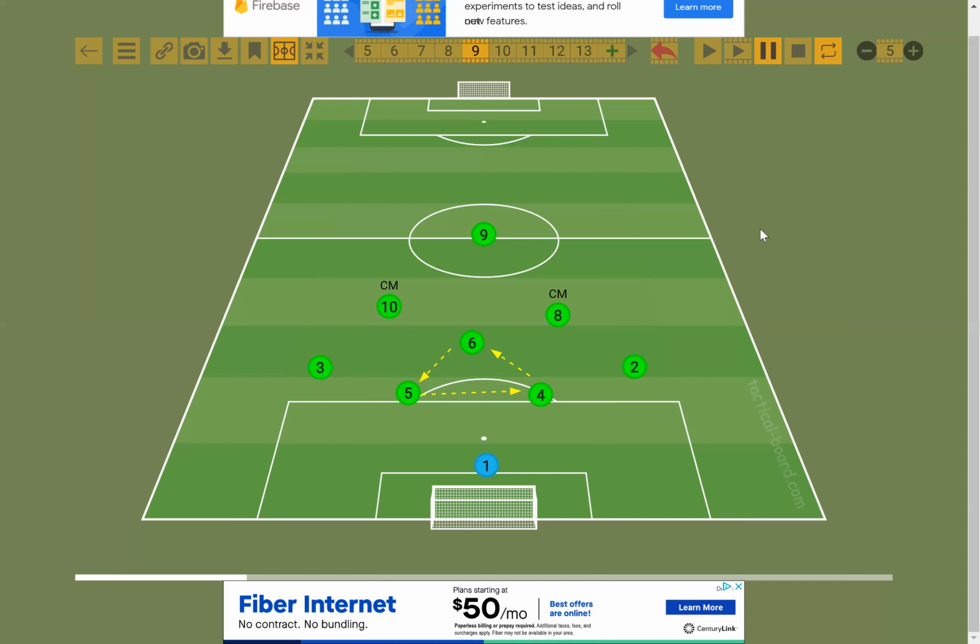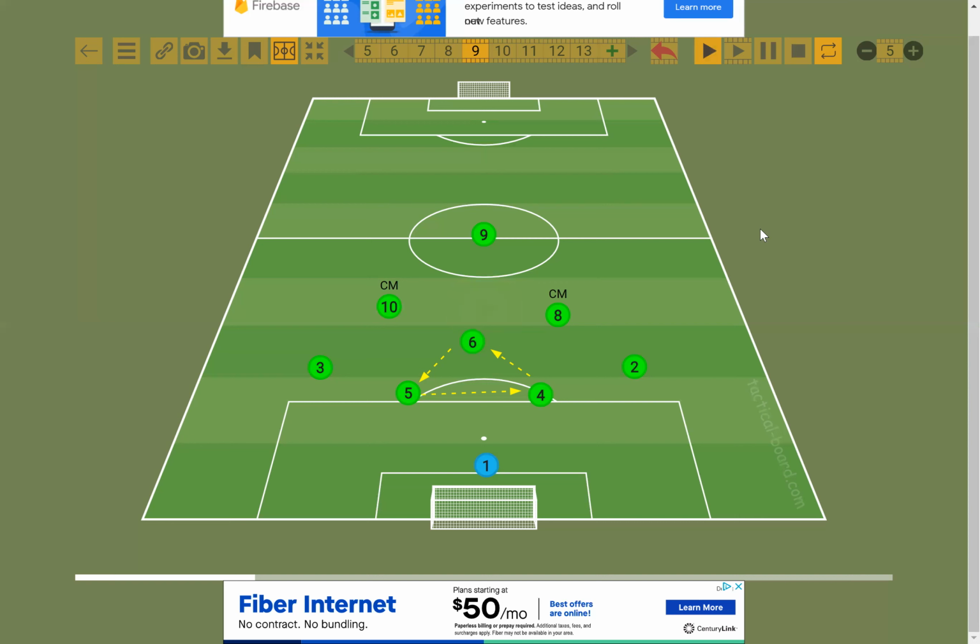And what that does, especially when we're in possession of the ball, and we have our outside backs getting up forward higher up the field, is just gives us an extra layer of protection, having that defensive midfielder break down plays and intercept passes before our center backs have to intervene. So I thought we did relatively well at that during the first half of our scrimmage this past Saturday.